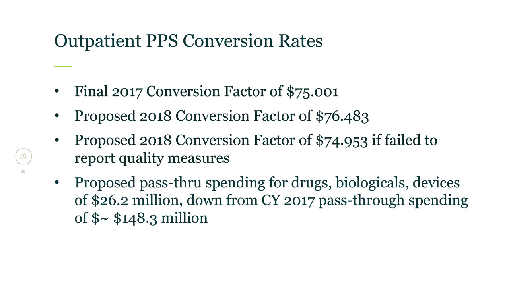Now here we talk about the proposed pass-through spending for drugs, biologicals, and devices. We see that it's down significantly from prior year. And one thing to keep in mind now is the calculation for pass-through drugs has changed, and CMS is starting to look more and more closely at the cost-to-charge ratio for drugs and also with the pass-through drugs as well as the pass-through devices.